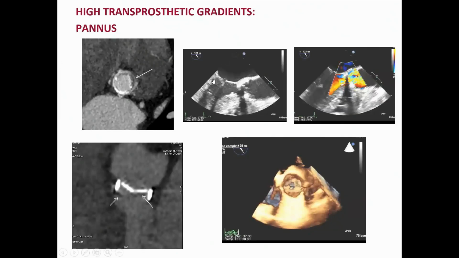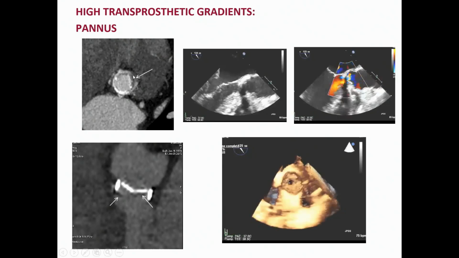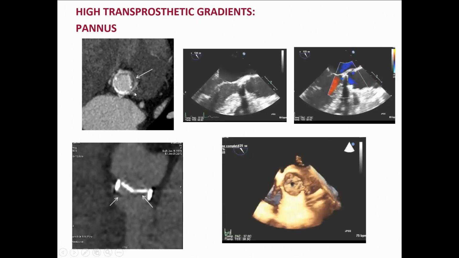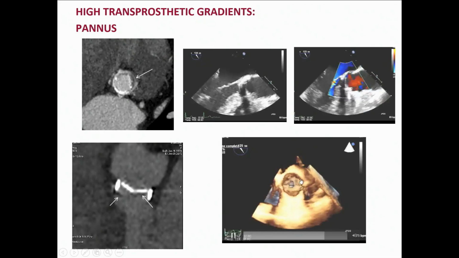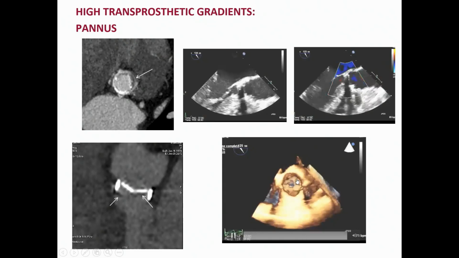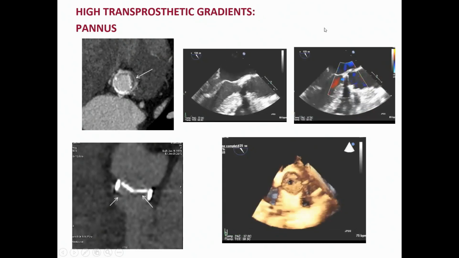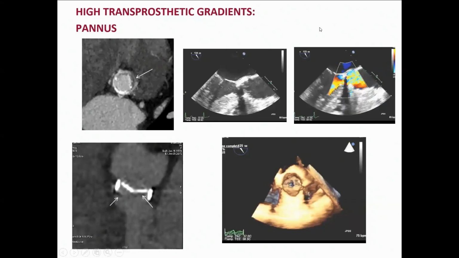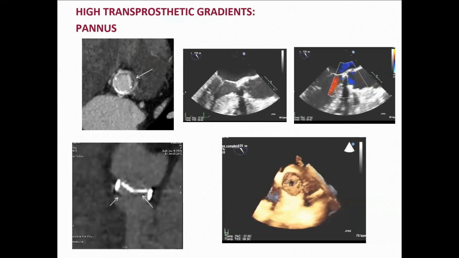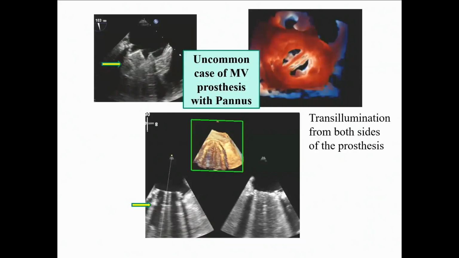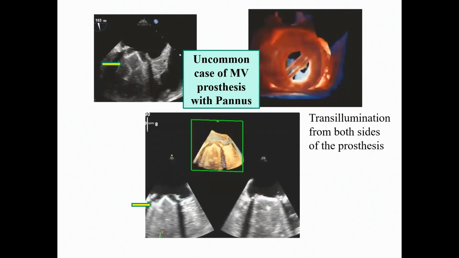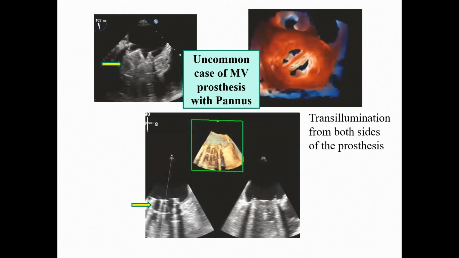Just an example in a patient with a clear disc alteration at the level of the discs by CT, and also this alteration of the gradient obtained by the 3D TOE. Very uncommonly, we may have also mitral valve prosthesis with pannus alone without thrombus.